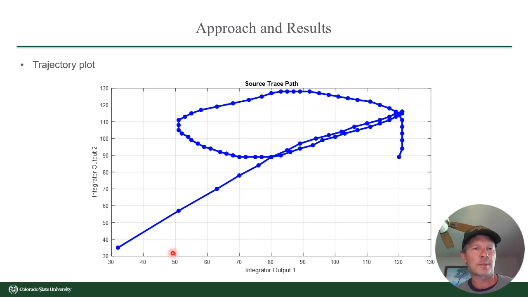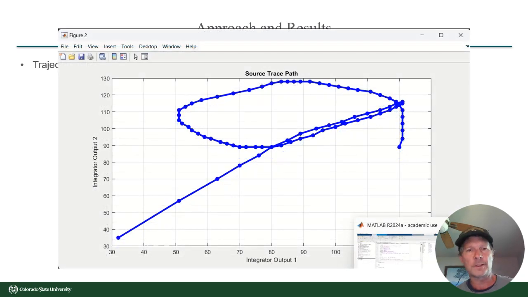So this gives a spatial representation of where the acoustic source was. The information that's missing from this is time. There's not a time piece to this. So in MATLAB, I wrote a routine that plots each point in turn so that we can get an idea of what this trajectory looked like in time.